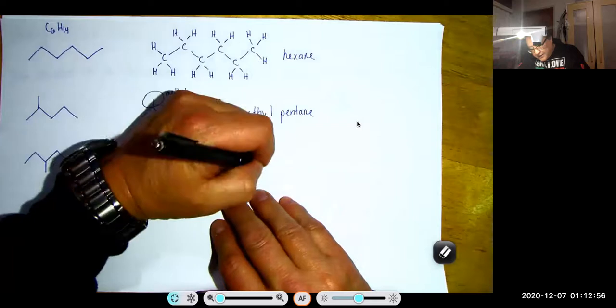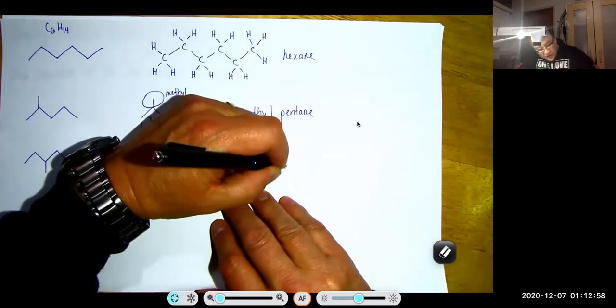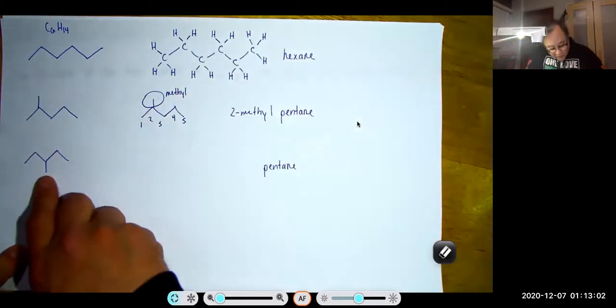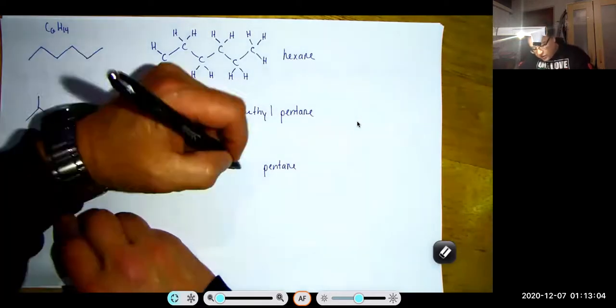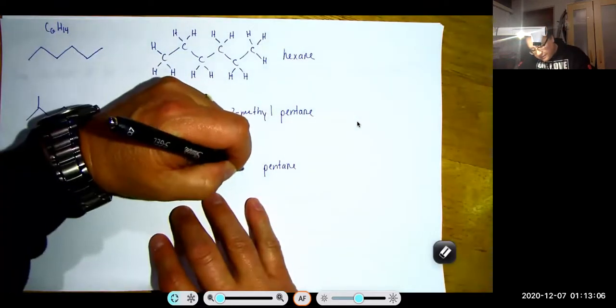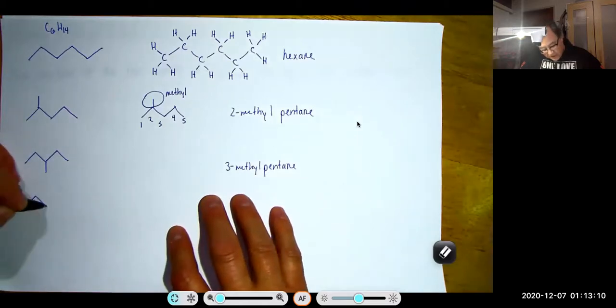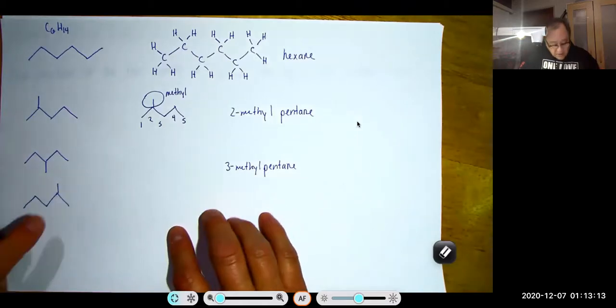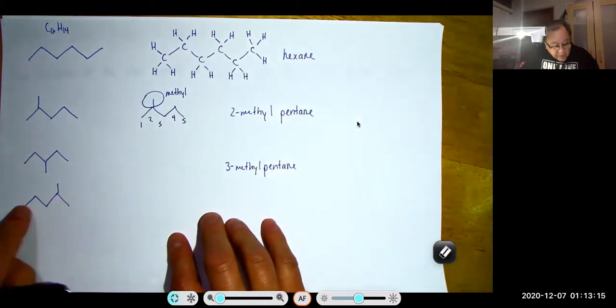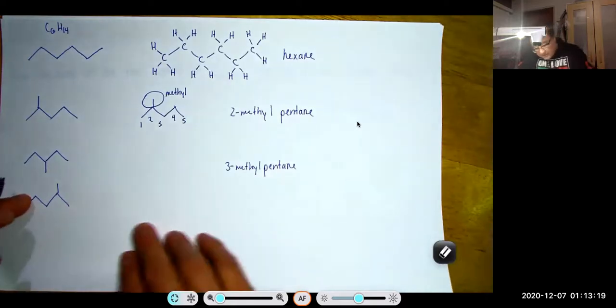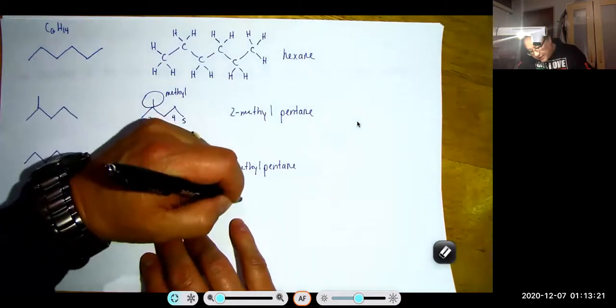Now, what is this guy going to be called? Well, it's also pentane because the longest chain is 1, 2, 3, 4, 5. But we have this 1 carbon unit attached to 3. So that's 3-methyl pentane. Now, when we take a look at this, we could put that other carbon on the 4th carbon, and you might wonder, so what's the name of this guy? The name of this guy is 2-methyl pentane.